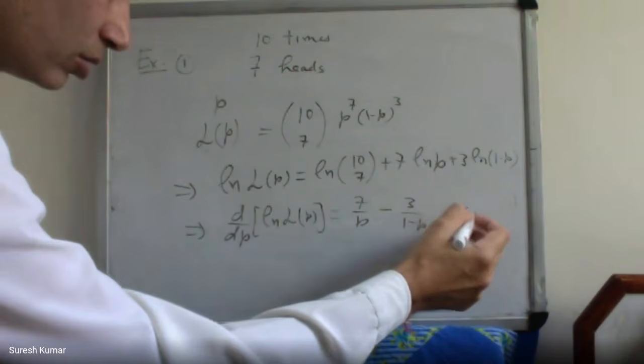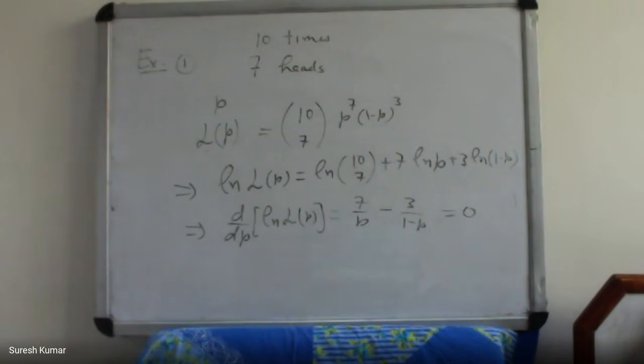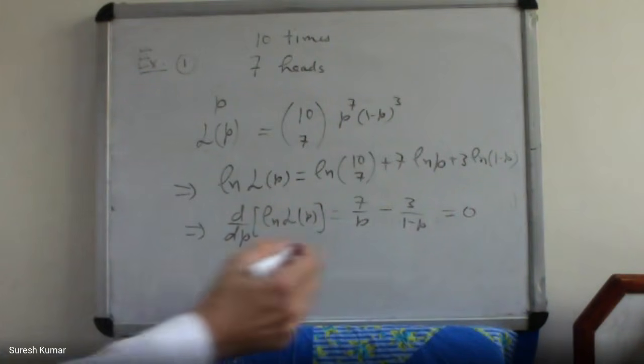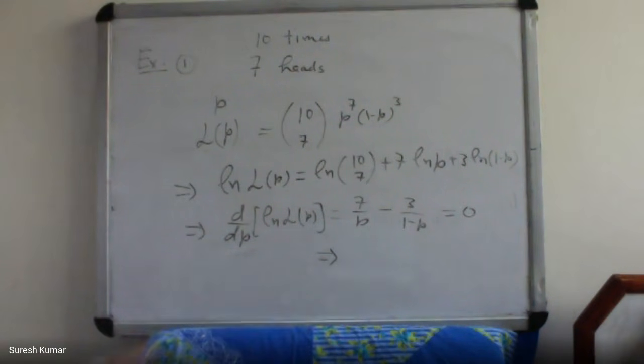Maximum or minimum, what to do? Put this derivative equal to 0. See what is the value of p. What is the value of p from it? Is it 7 by 10?